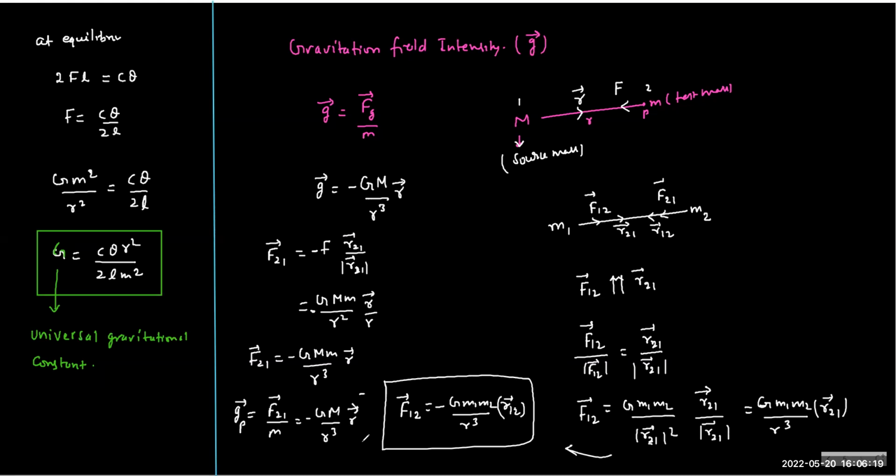If you just want to write the magnitude, that's simple: you just write GM by R square. Nothing big deal, it's similar to electrostatics. So the modulus of g will be GM by R square.